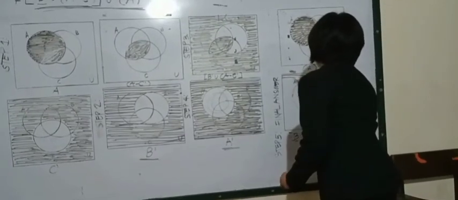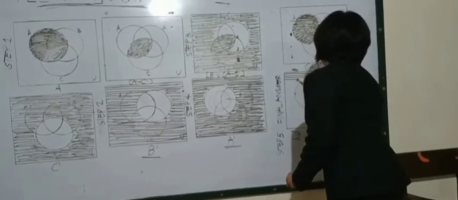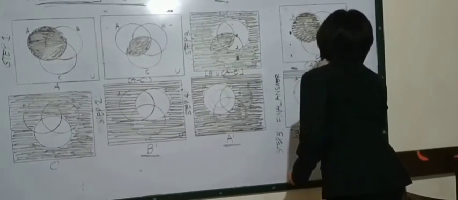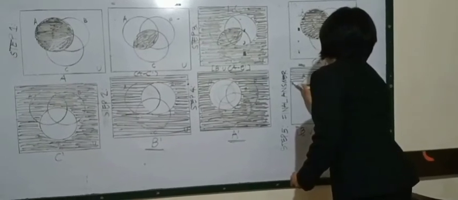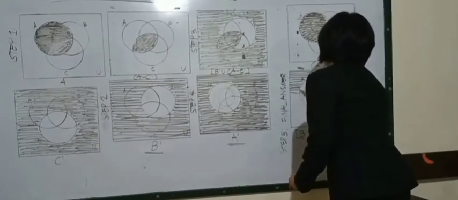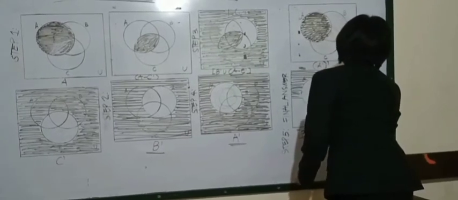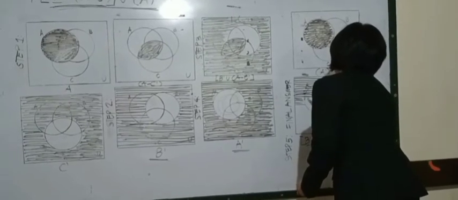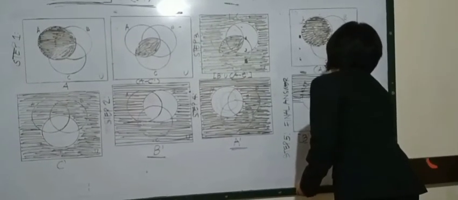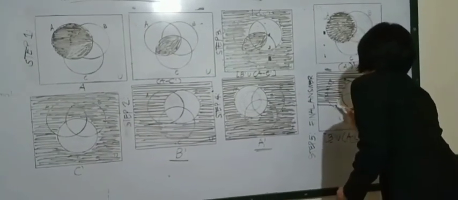So B prime is the set's elements in a given universal set except for B. So this is the B prime. All of the universal elements except for B.